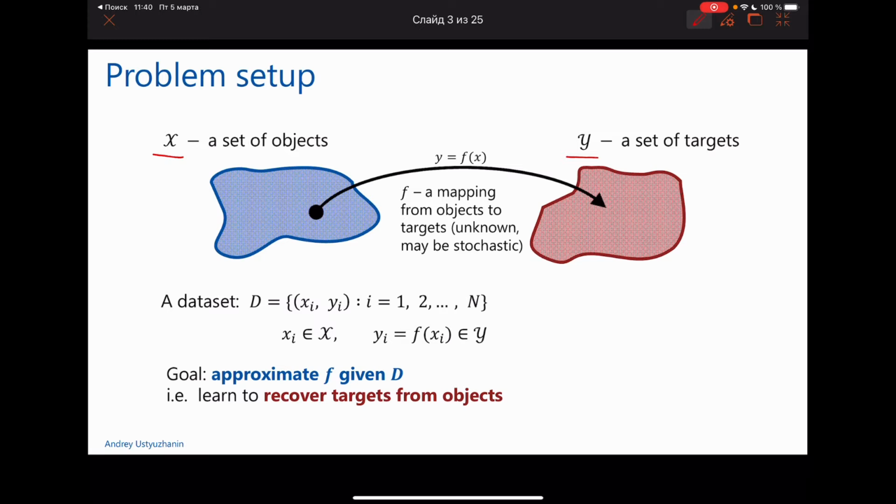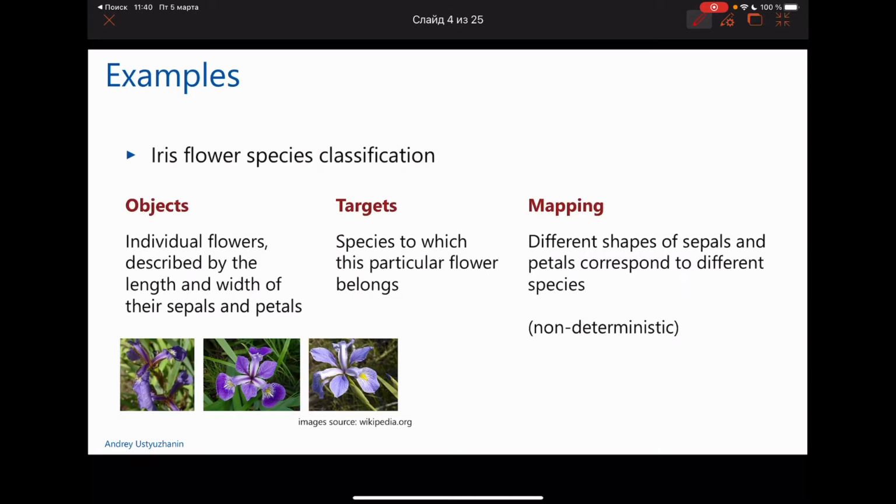The dataset D consists of objects and targets, X and Y. And the goal of the supervised learning problem is to find the approximation f hat of f given D. So we want to be able to recover targets from objects.